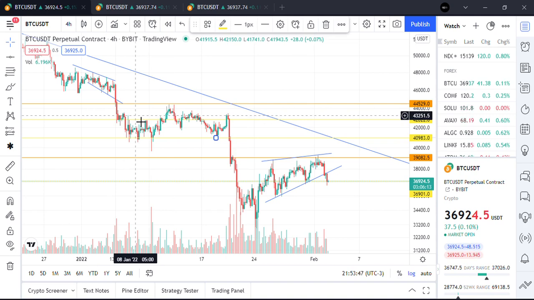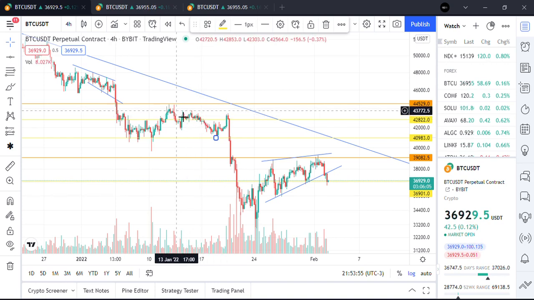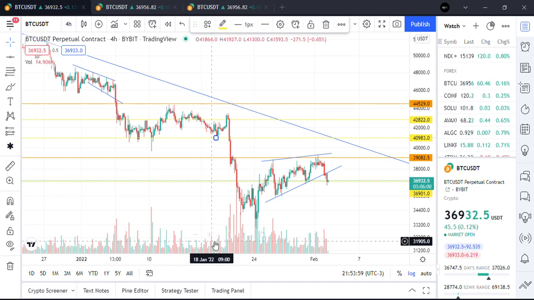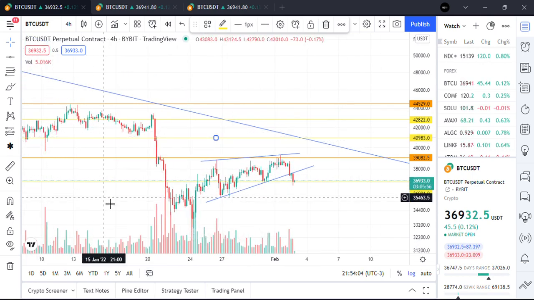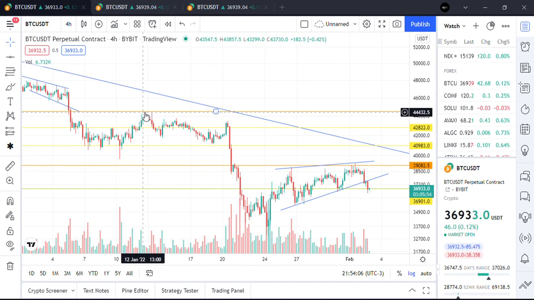To trade support and resistance, you have to wait for maybe a bounce. See, this is what we call a bounce. You can see price moving downwards after price touches and there is a sellout.